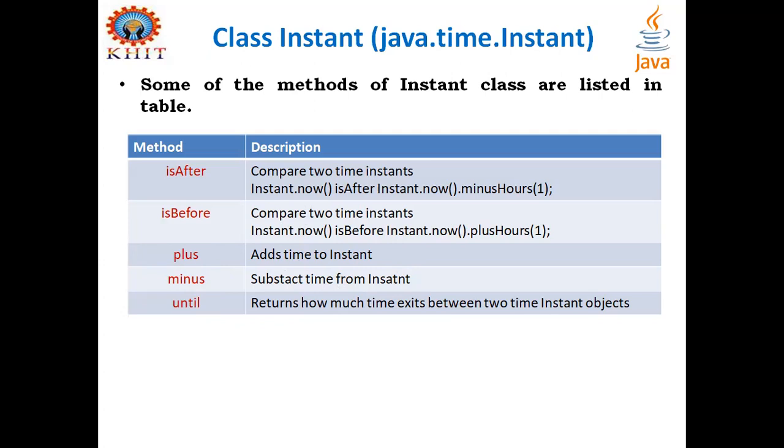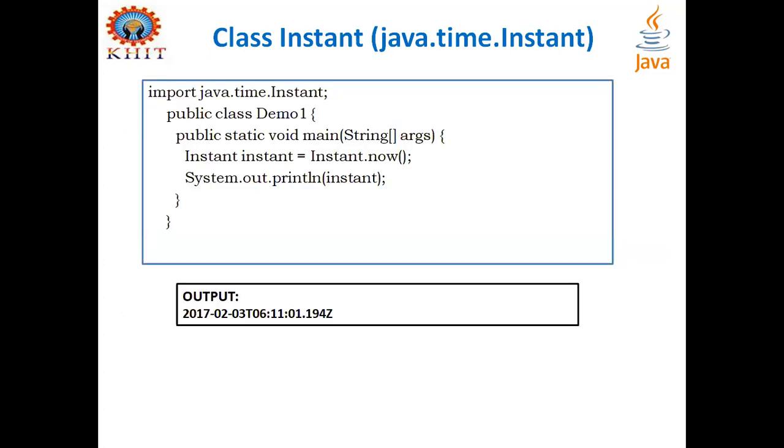So based on these methods, we can use this Instant class for different purposes in real-time operations related to timing. This is one simple example.